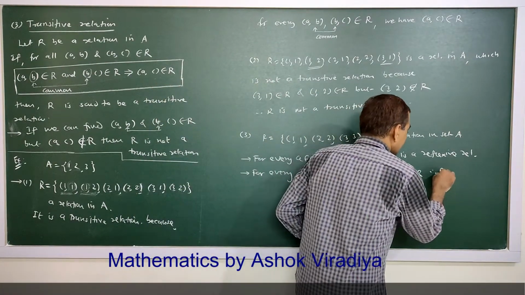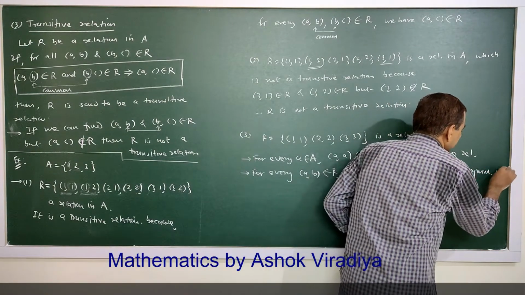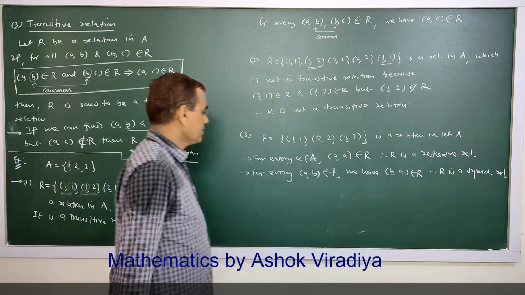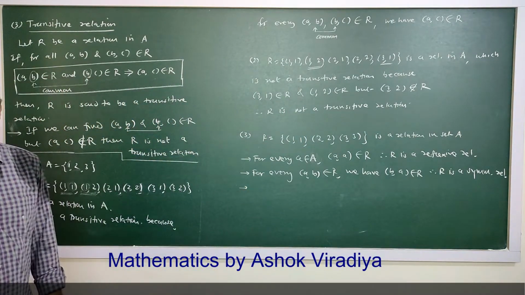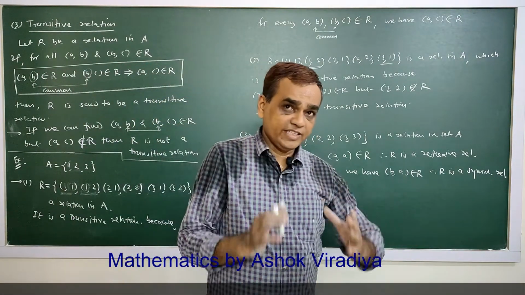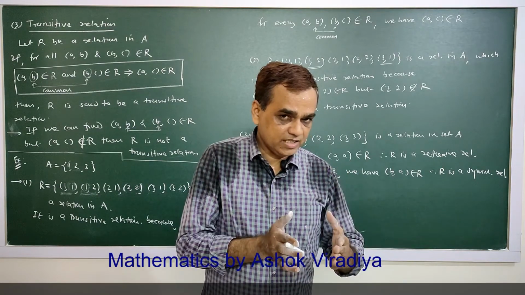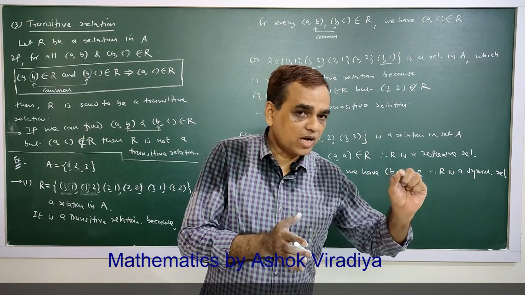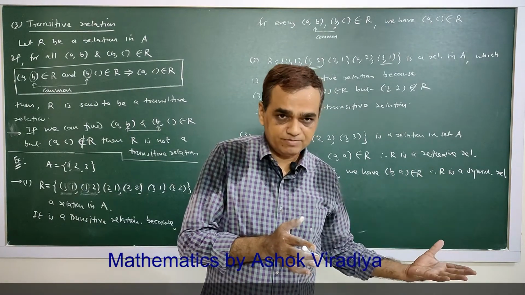Therefore, R is a symmetric relation. Now a very important statement, the third statement. This is transitive: if (a,b) and (b,c) belong to R implies (a,c) belongs to R.